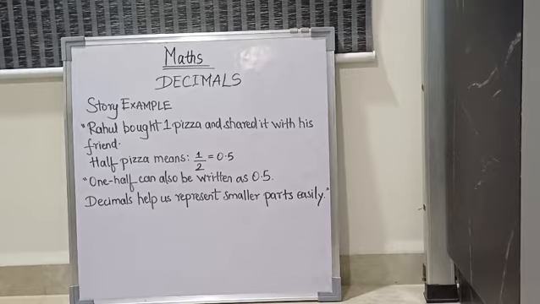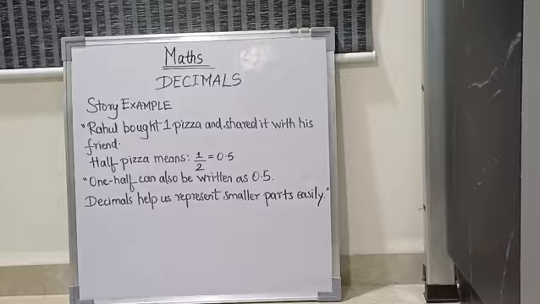After knowing the place value of decimals, now here is a simple story example. In the beginning of the chapter on decimals, I told you about the pizza example. Here it is. Rahul bought one pizza and shared it with his friend. Since Rahul and his friend are only two people, he would have shared half of the pizza.